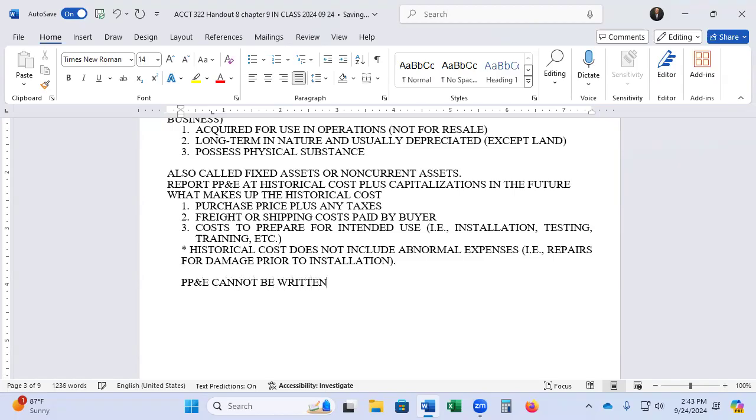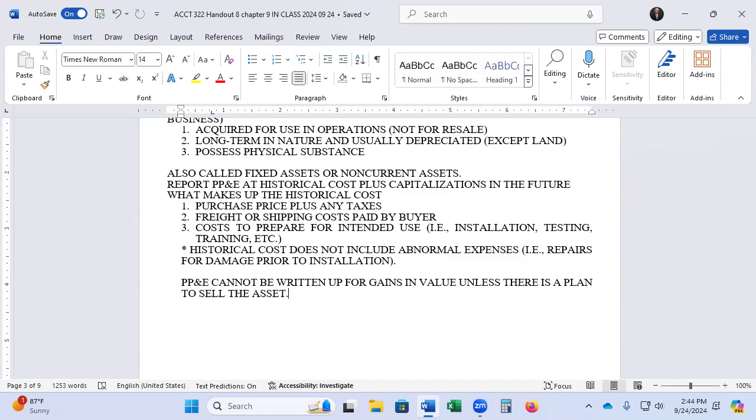I mentioned PP&E cannot be written up for gains in value, unless there is a plan to sell the asset. If you end up deciding to sell an asset, you have to update the depreciation and then you can adjust it to the fair value.